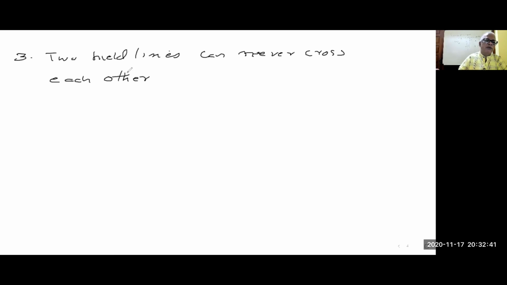Therefore, the third point: two field lines can never cross each other. Why? E is a vector quantity and has a direction, only one direction.